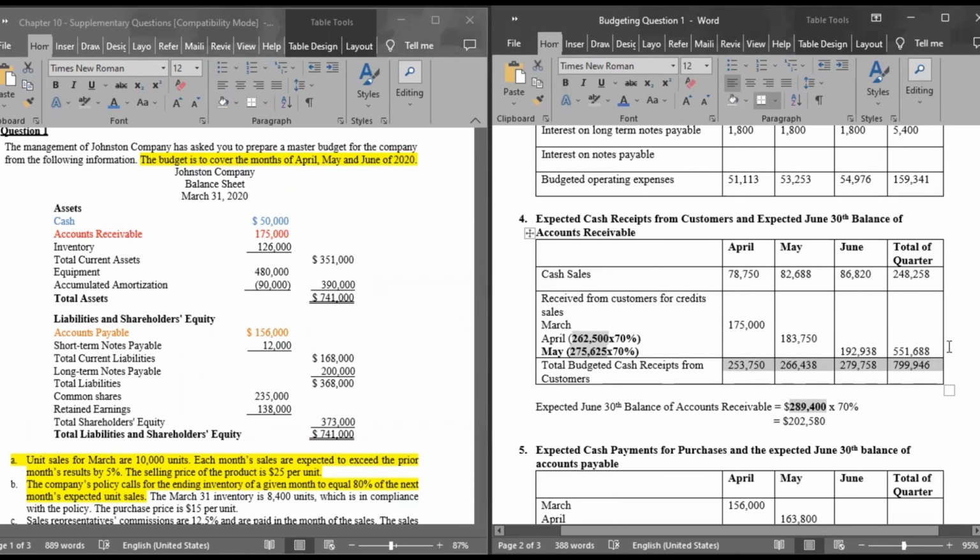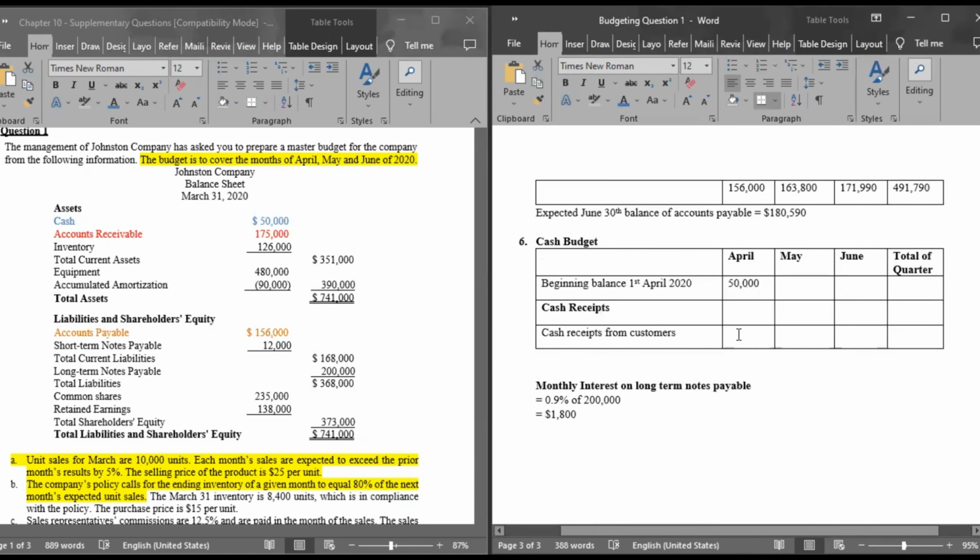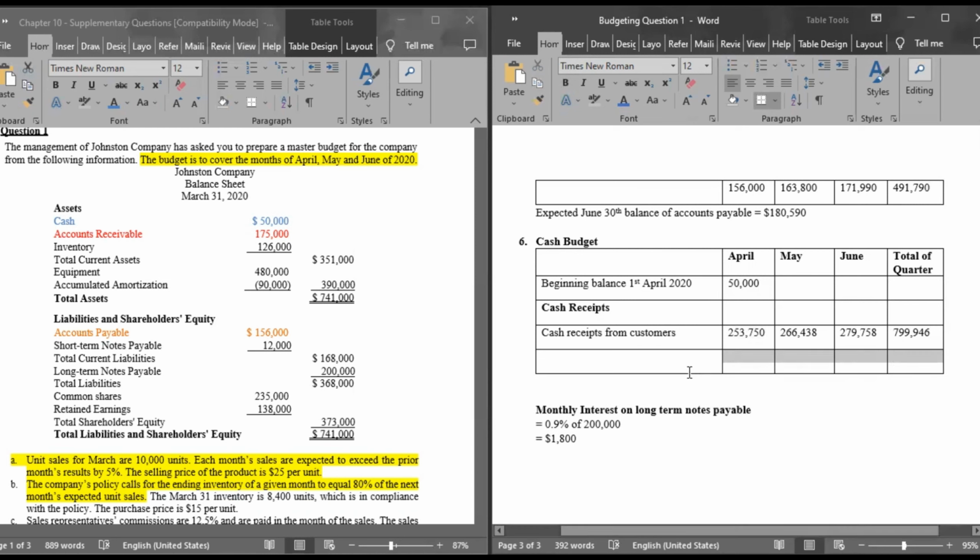So we just need to copy these values and paste them in the cash budget. This is the cash receipts from customers. Then we will write down the total cash receipts. It will be the same because we have only one value.